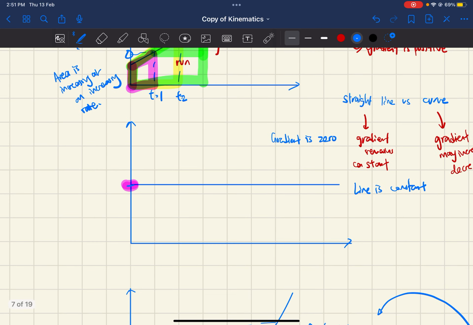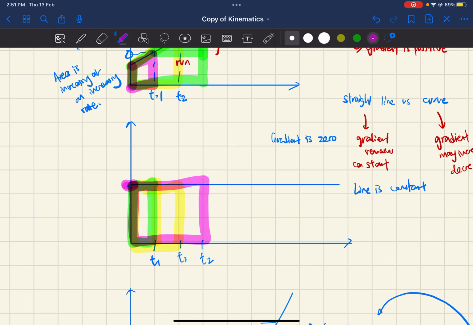Next one over here. So the area under the graph, what happens to it? The area under the graph is actually increasing, but at a constant rate. Because for every second that has passed by, the increase in the area will just be one rectangle. So something like this. So your area is increasing at a constant rate.